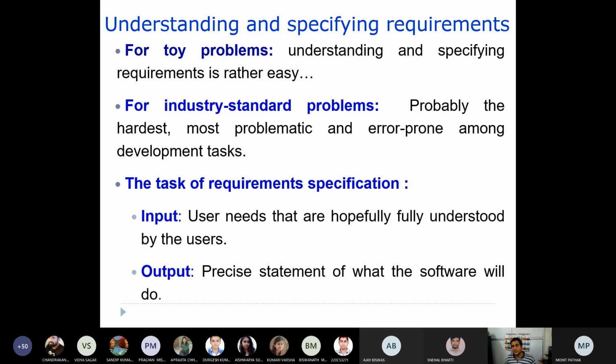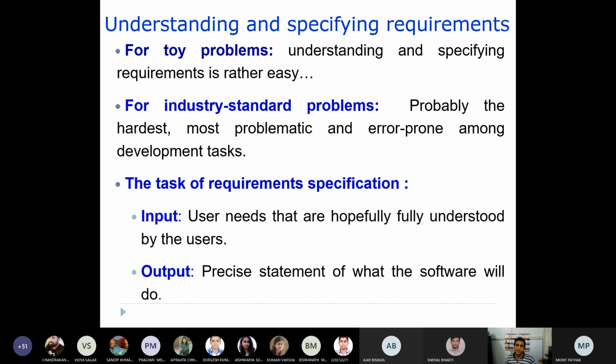For understanding and specifying requirements, if it is a very toy problem or a very small problem, understanding is very easy. The problem can be understood very easily, and the requirements can also be understood and specified very easily.